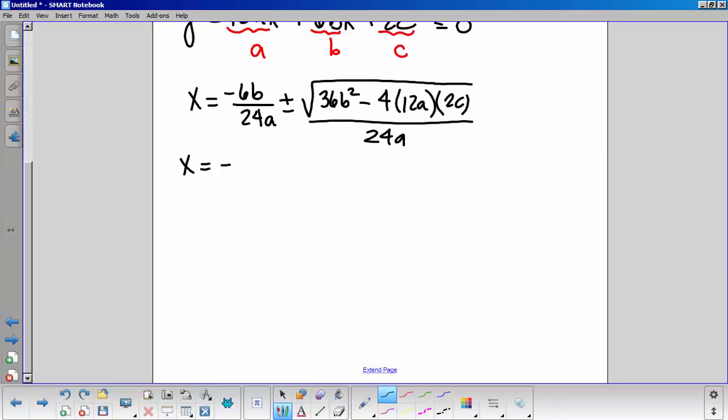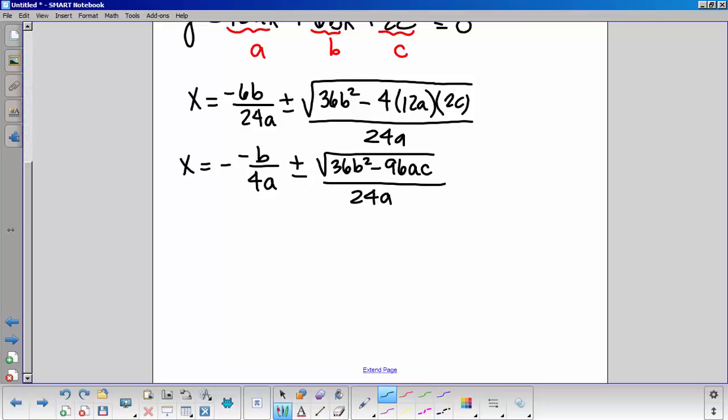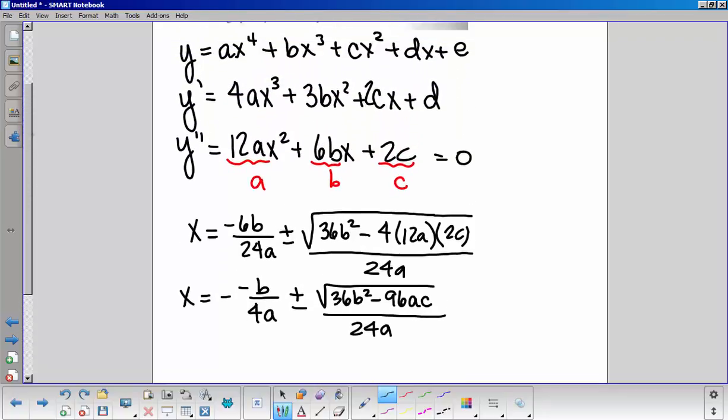X equals negative b over 4a plus or minus. Okay, help me here. This is 24 times 4, 96. Square root of 36b squared minus 96ac, all over 24a. Now, what did they say?